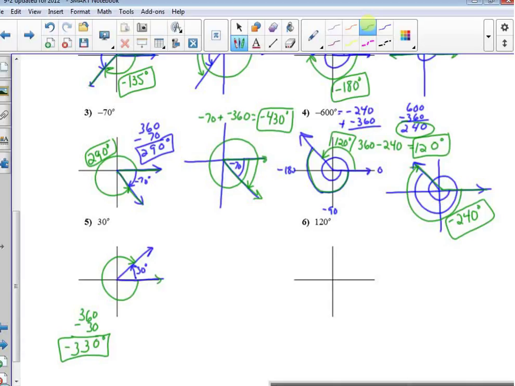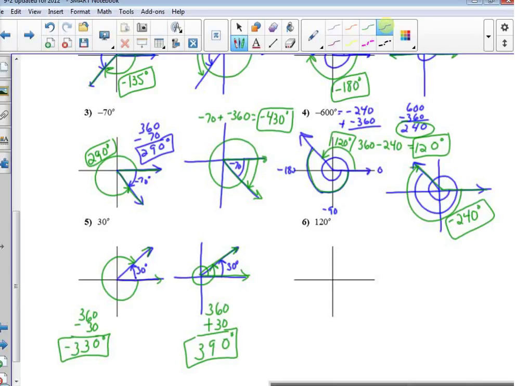Has the same initial and terminal side. And then to find the other one, if I were to go 360 and then 30, that would also have the same beginning and ending sides. So for this one, I would do 360 plus 30. So those are my two answers for that.